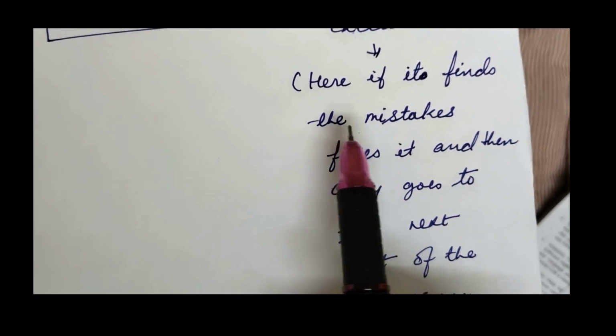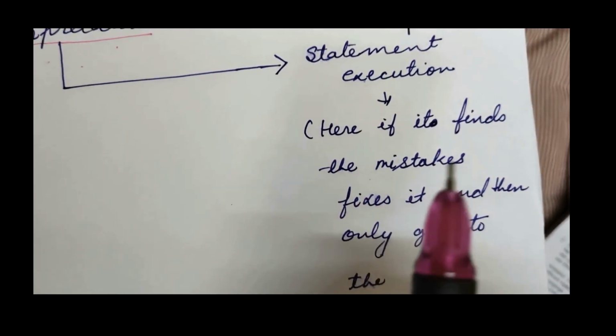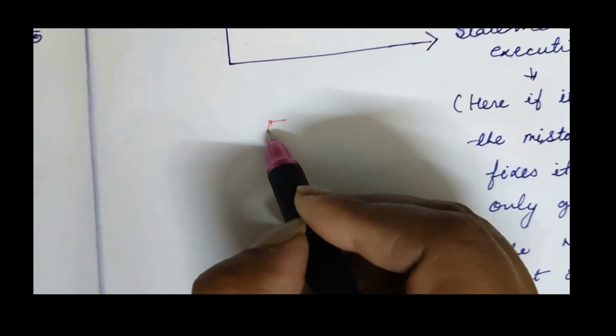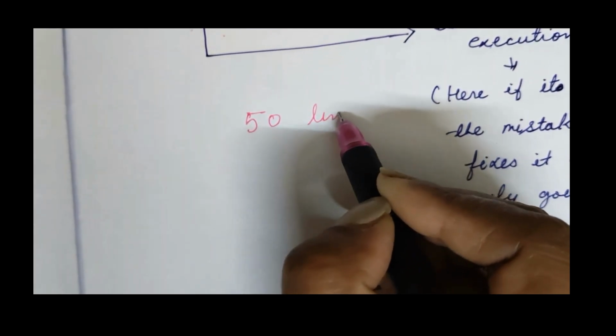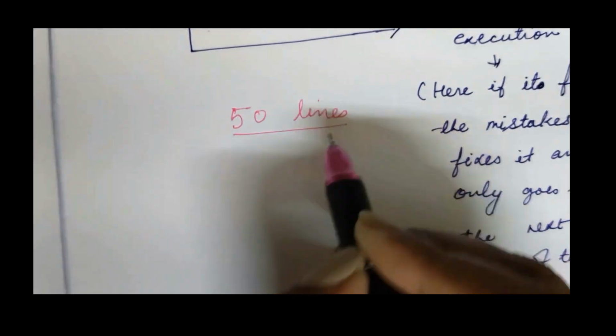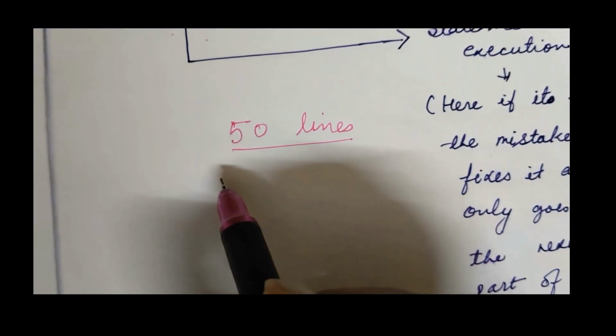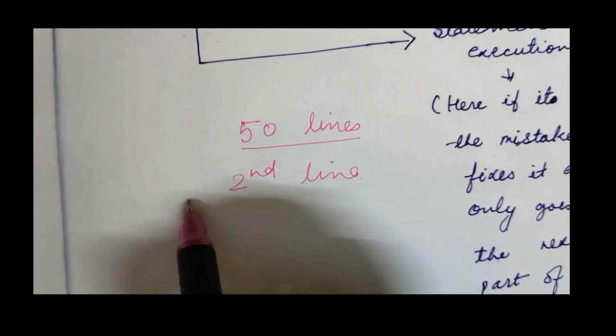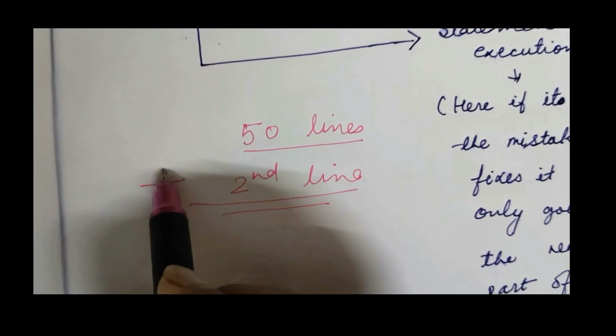For example, you have 50 lines in a program. If it finds a mistake in the second line, what will it do? It will stop there.